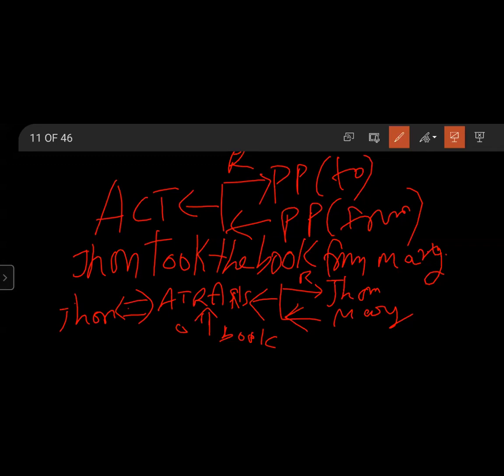Okay. This is John took the book from Mary. This is rule number 7.